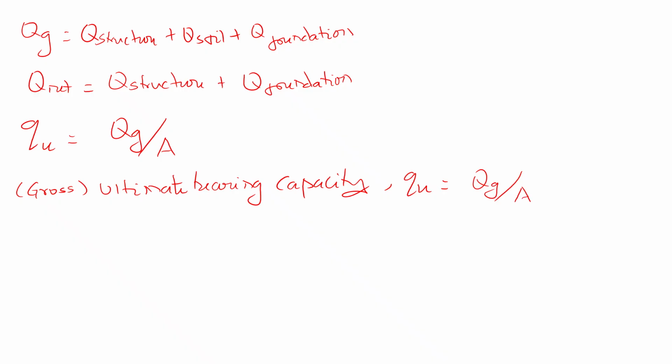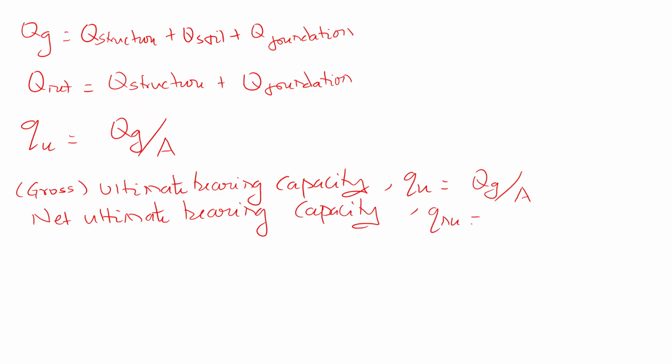The next one is net ultimate bearing capacity, which is QNU. As I have told you, this is nothing but ultimate bearing capacity minus the effect of soil pressure.